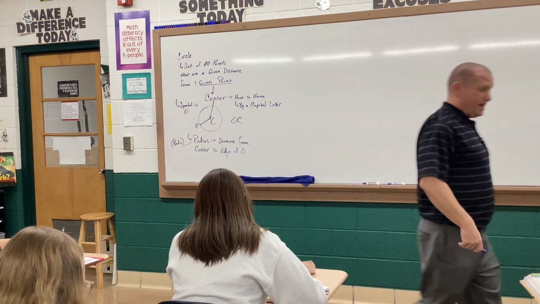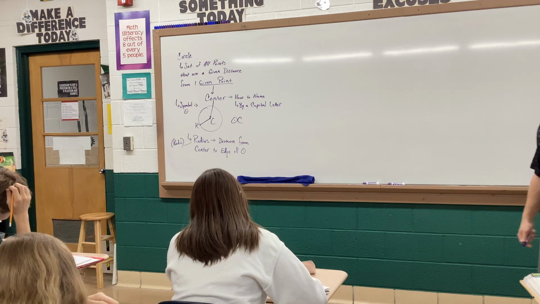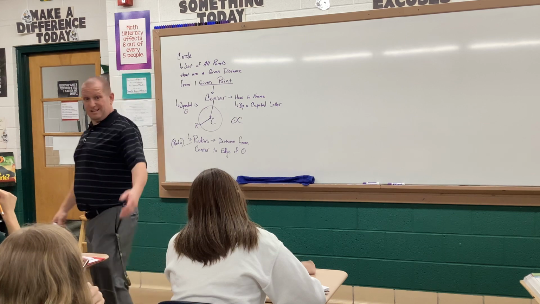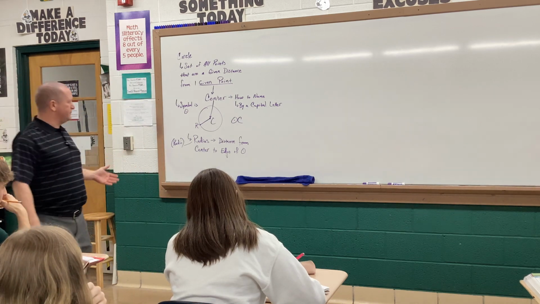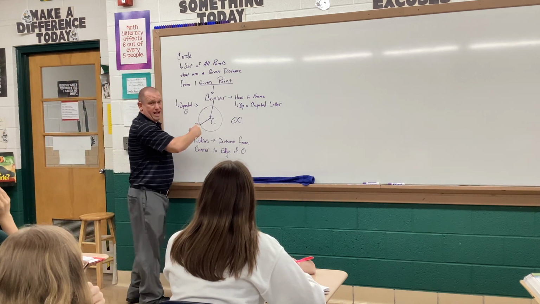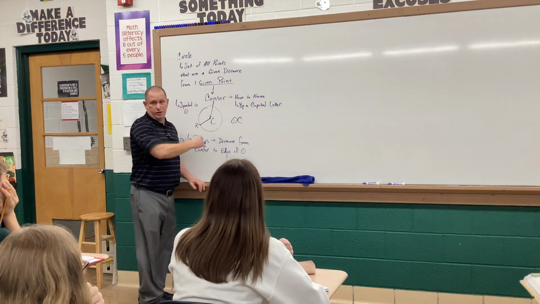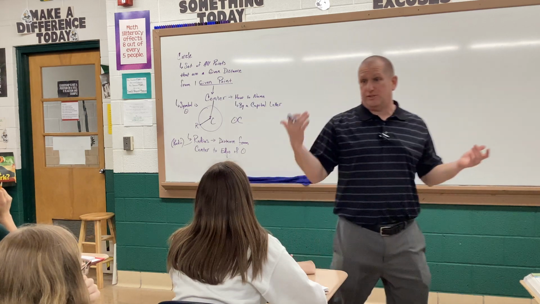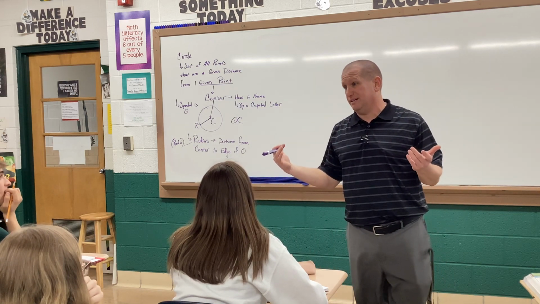So here's the question. How many radii are in a circle? As many as we want, really, right? As long as we can keep drawing little lines, we can just keep going, and realistically, you can keep splitting that in half and splitting that in half. So there's really an infinite number of them, right?